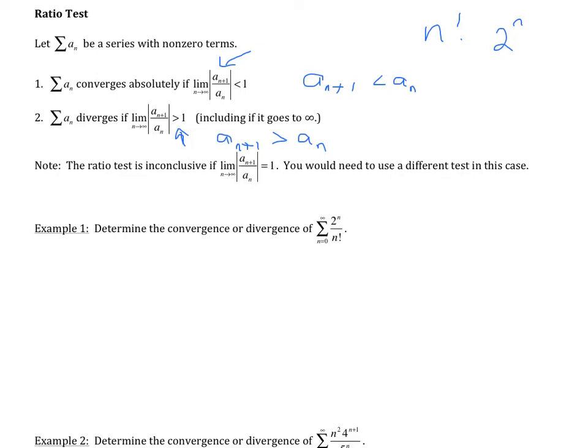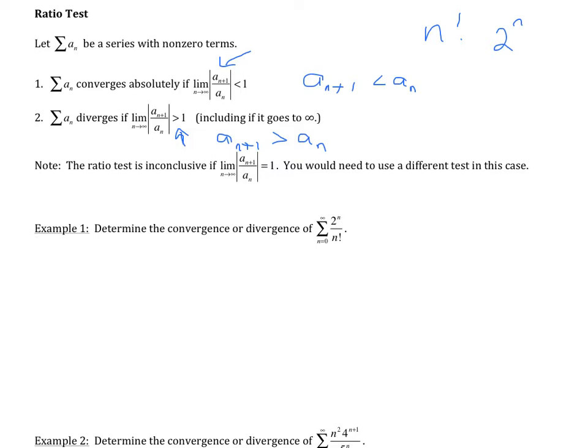All right, so example 1, determine the convergence or divergence of the series from 0 to infinity of 2 to the n over n factorial. So here we have two very fast growing terms, 2 to the n, exponential, and n factorial. So this is a perfect setup for the ratio test.